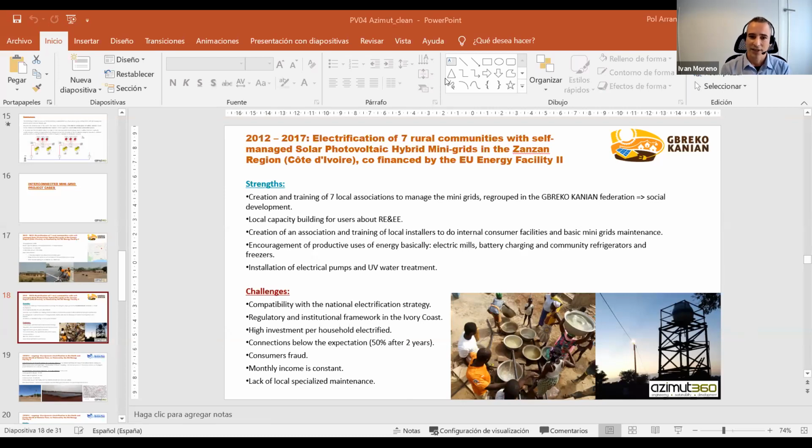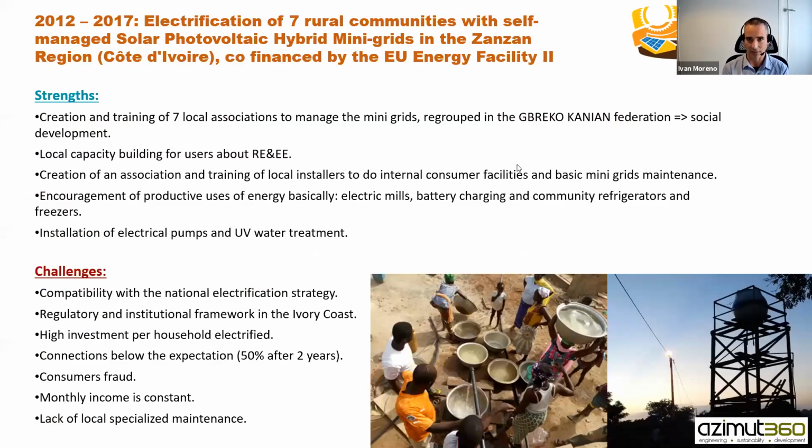So the challenges of this kind of model, in this case for these 7 rural communities, are the compatibility with the national electrification strategy. It differs a bit, because there is no grid, and it's a case of isolated mini grids.